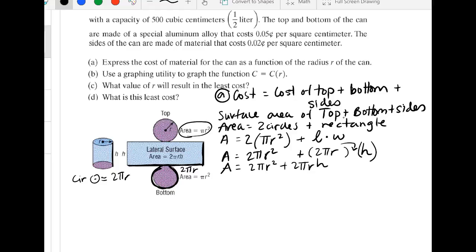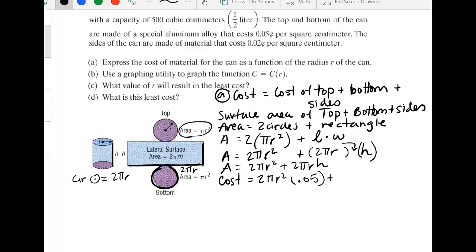Now I need to factor in the cost. So here we go, now I'm working with cost. The cost for the top, which are the two circles, 2 pi r squared, is going to be, according to your problem, 0.05 cents for the top.